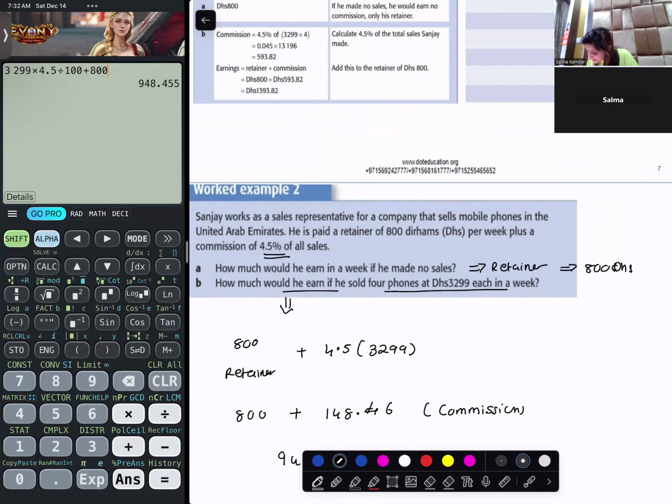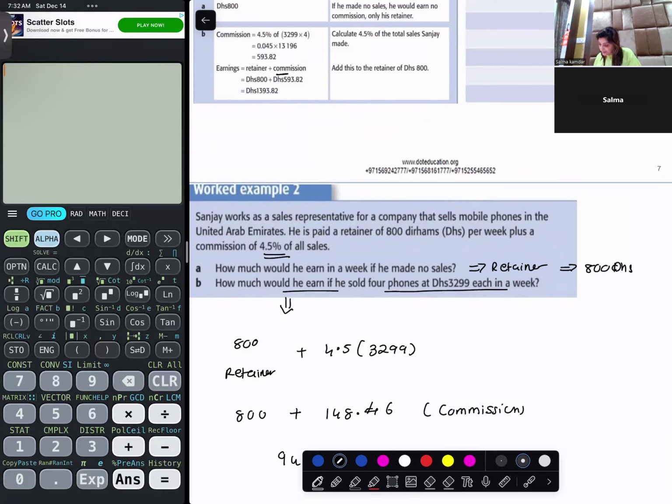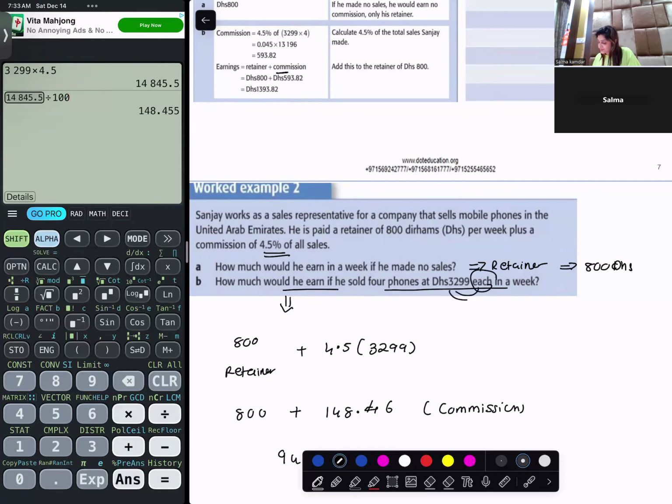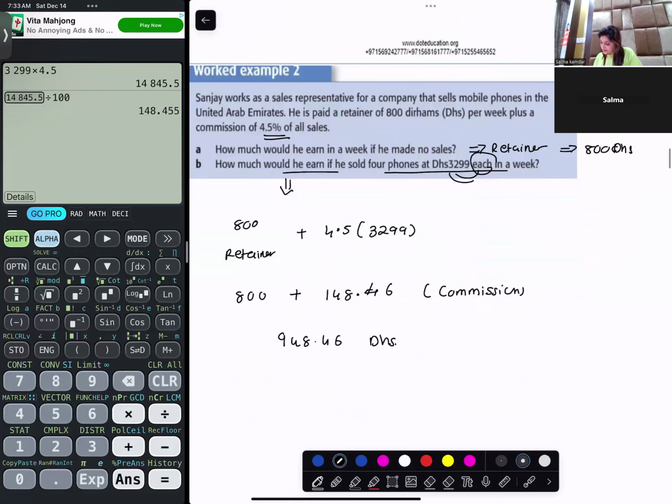Okay. Commission is how much? Each phone is for 3299 AED, and the commission is 4.5%. So he's going to get 4 times the commission of it. 3299 into 4.